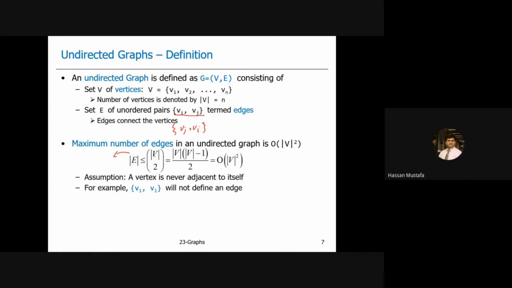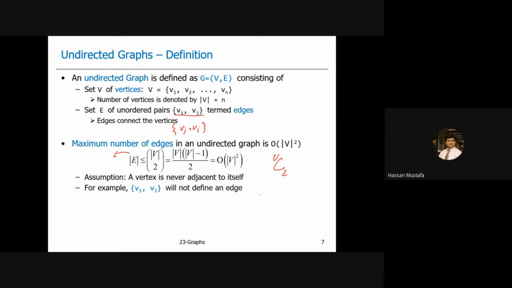All the vertices given in pairs give a total number of combinations, given by the formula VC2. That's the combination formula.